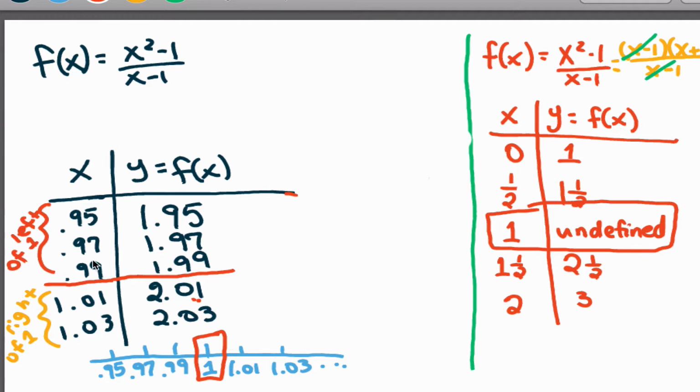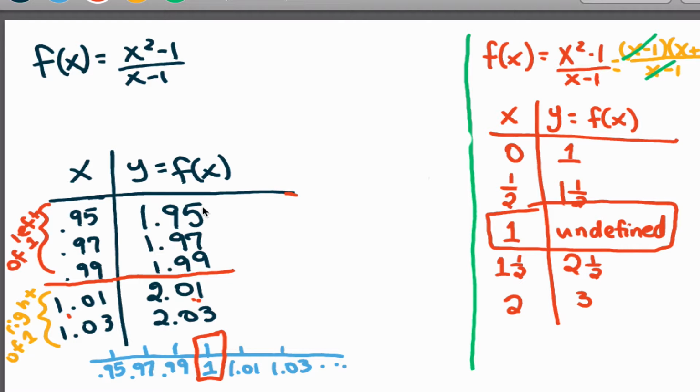We have values to the left of 1 here, 0.95, 0.97, 0.99. Notice this sliver of a number line where 1 is the star of the show. To the left of 1, we have 0.95, 0.97, 0.99. To the right of 1, we have 1.01, 1.03, and so on and so forth, which are here.